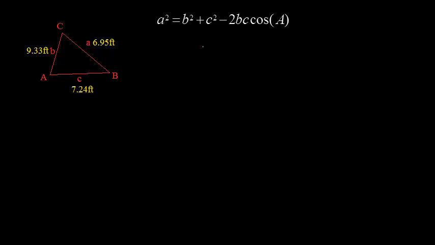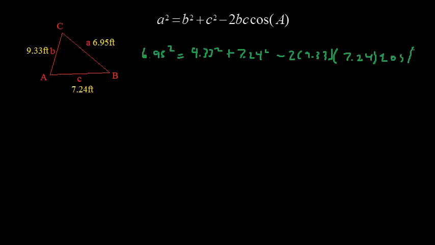Let's go and find angle A. So plugging that in, I have 6.95 squared is equal to 9.33 squared plus 7.24 squared minus 2 times 9.33 times 7.24 times the cosine of angle A. So I want to get cosine of A by itself, which means first I will subtract out these two terms from both sides.